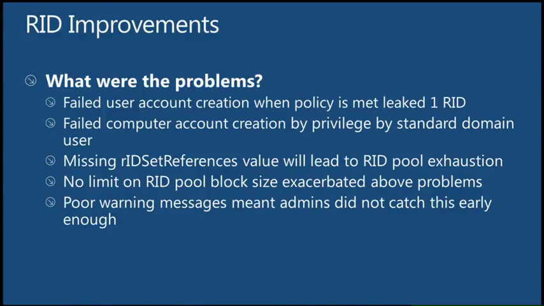Now, what happened as a result was, whenever this domain controller needed a new RID pool, it would try to get the RIDs. It would get the RIDs from the RID FSMO. It would say, OK, I've got the RIDs, now let me update this attribute. But the attribute is not there. It would fail and discard those RIDs for whatever block size. The default block size for the number of RIDs that you get is 500.